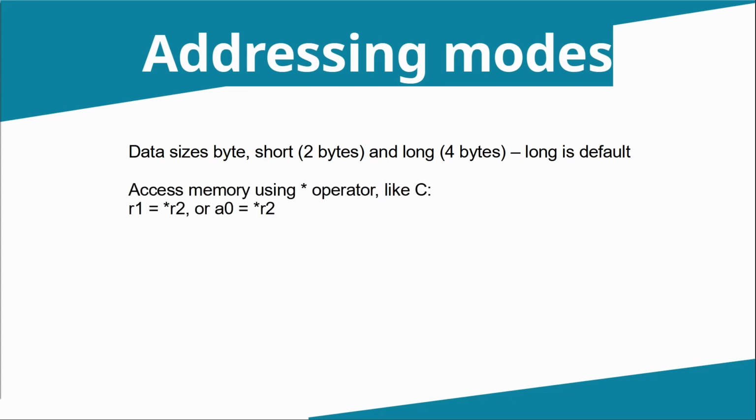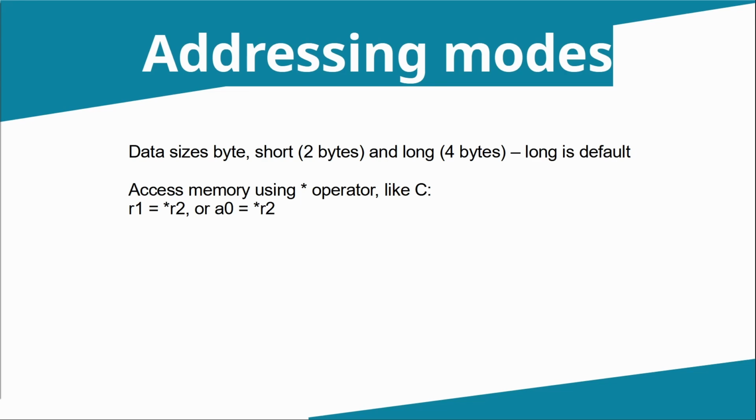The way to access memory is using the star operator, which is just like you do in C. So there's the example, R1 equals star R2. So in other words, set register 1 to be the contents of the memory location that's given by register R2.